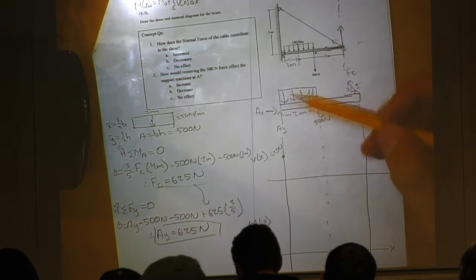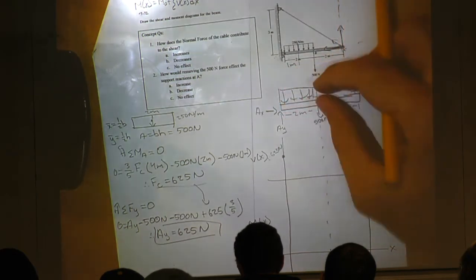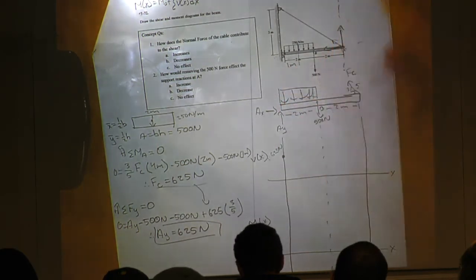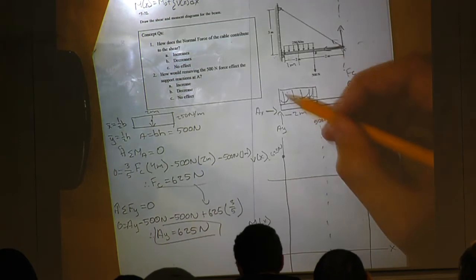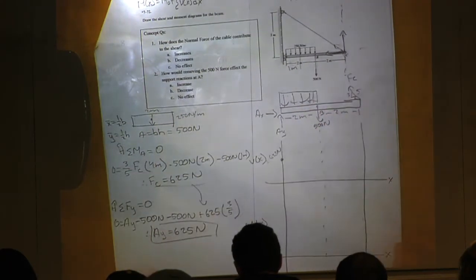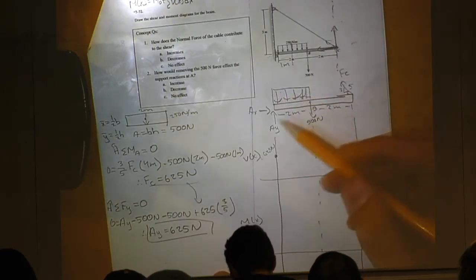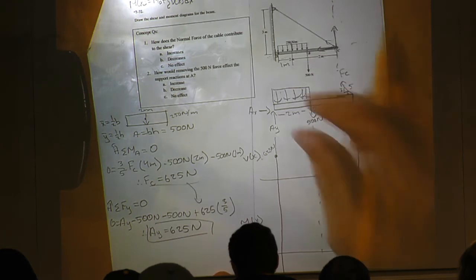Because it's coming down. So it's a negative force, and it maintains its area all through here. The height doesn't change. So I can say that this area here is constant and negative.